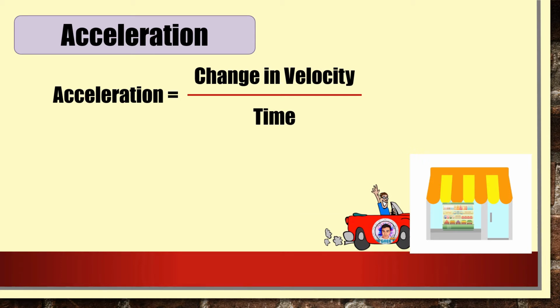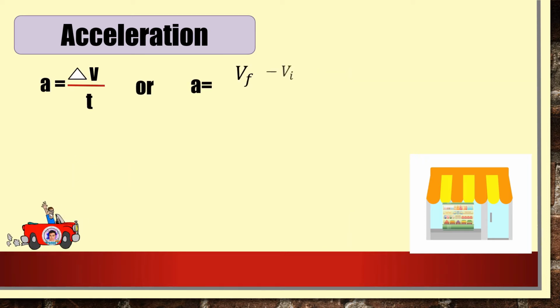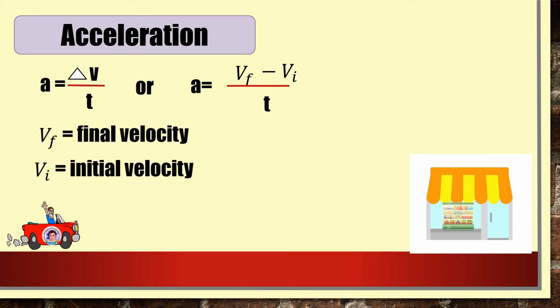Or we can denote it as small letter a for acceleration, change in v for velocity and small letter t for time. We can have the formula a is equal to change in v divided by t, or a is equal to vf minus vi divided by t, by which vf stands for final velocity and vi is for initial velocity. Now let's try to solve a problem related to acceleration.